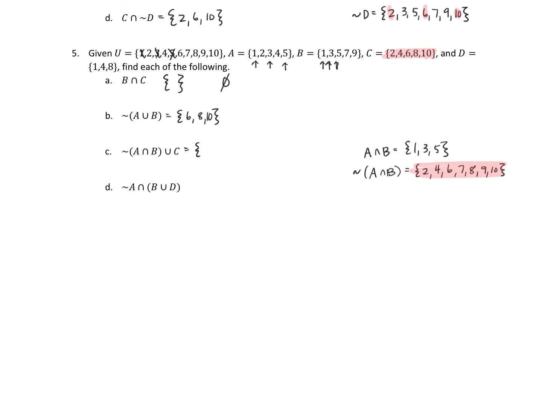So let's start with the complement of the intersection of A and B. That's 2, 4, 6, 7, 8, 9, 10. And then in set C, we have 2, 4, 6, 8, 10. We already have all of those numbers listed. So that's our solution set.